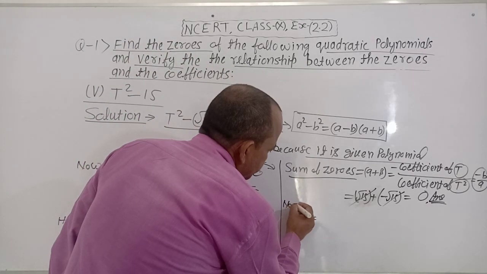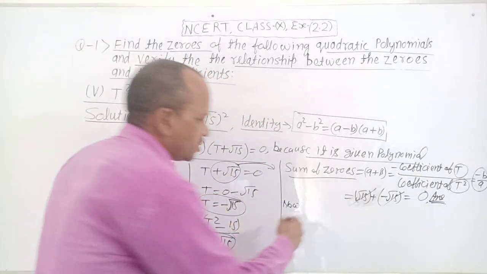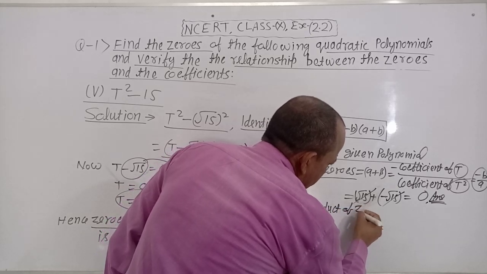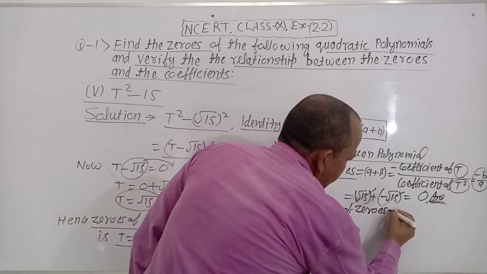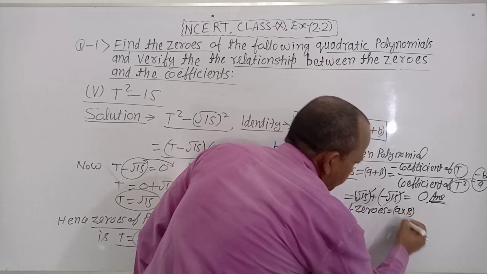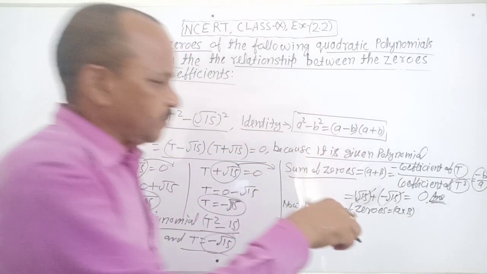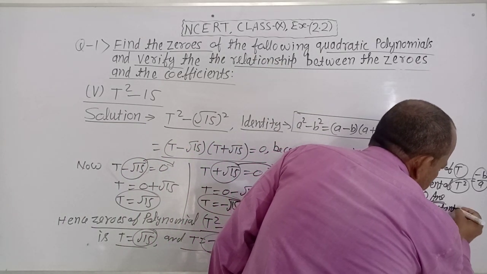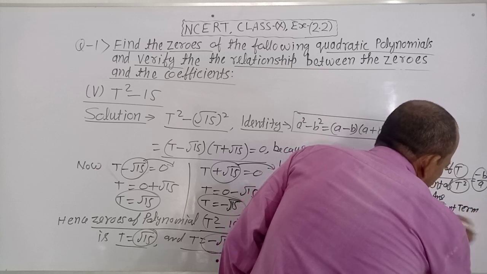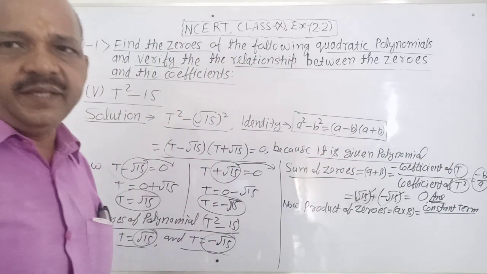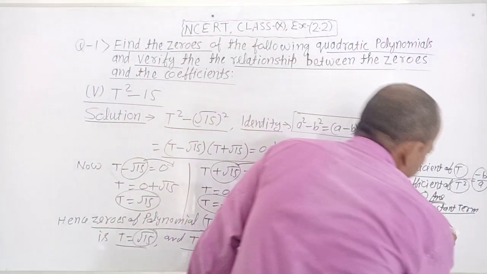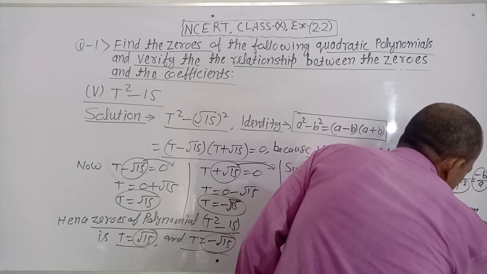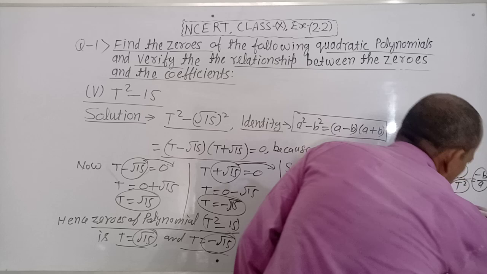Now product of zeros. Product of zeros equal to alpha multiply beta equal to constant term upon coefficient of t square.